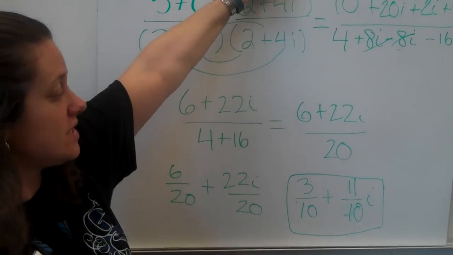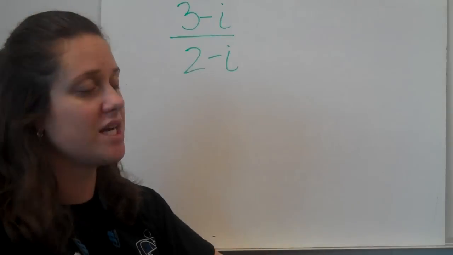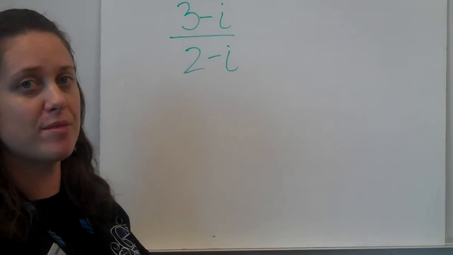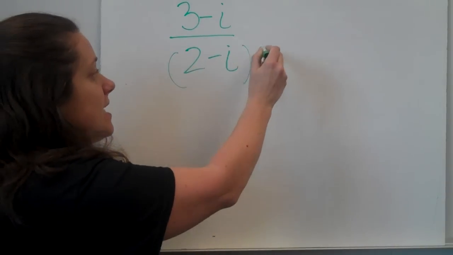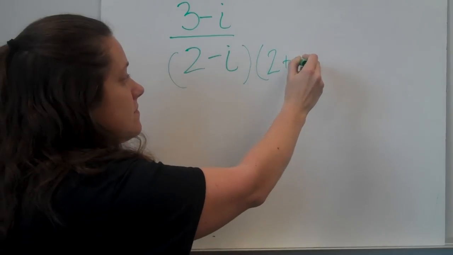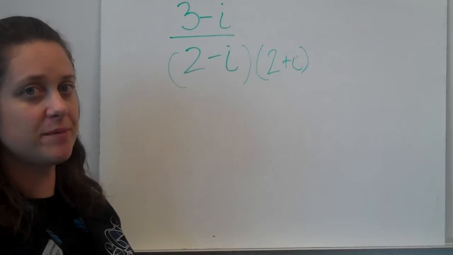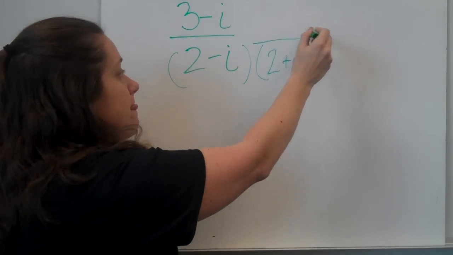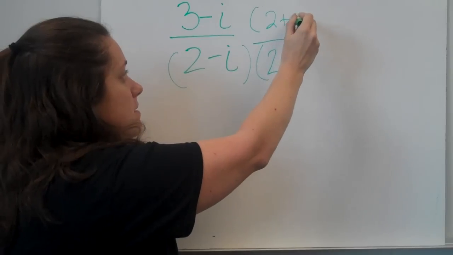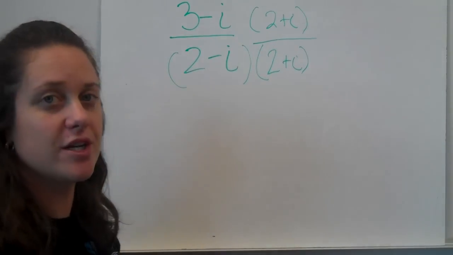Okay, so for those of you who need to see one more example, I'm going to go ahead and do one more example. So if you remember the first step, multiply by the conjugate. So you need to also multiply the top by the conjugate. Alright, so I'm going to do FOIL here.